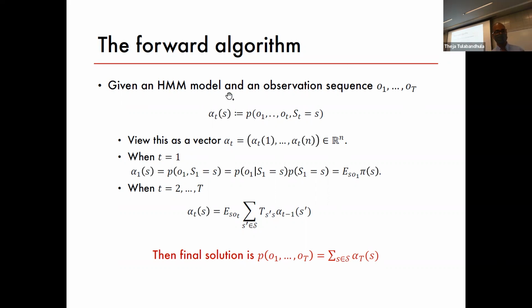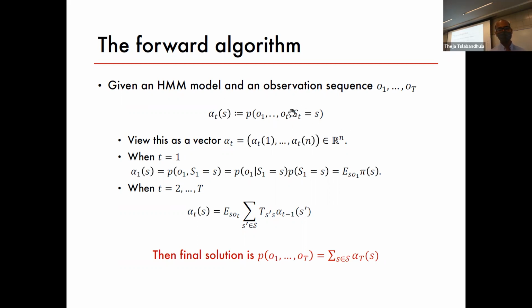Alpha t of s has the probability of the observed collection of terms up to time little t and an extra state. So what if we did alpha capital T of s? Then we will have the probability of the full observation O1 to O capital T, and also S capital T as well.